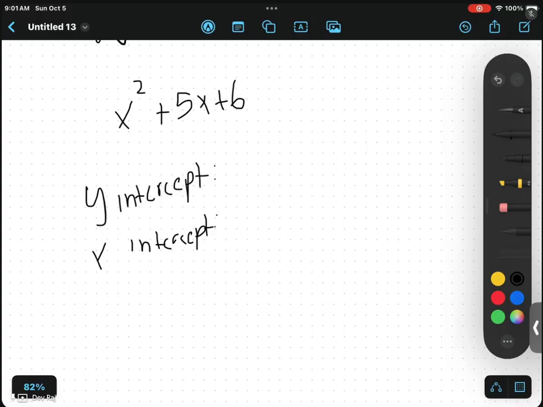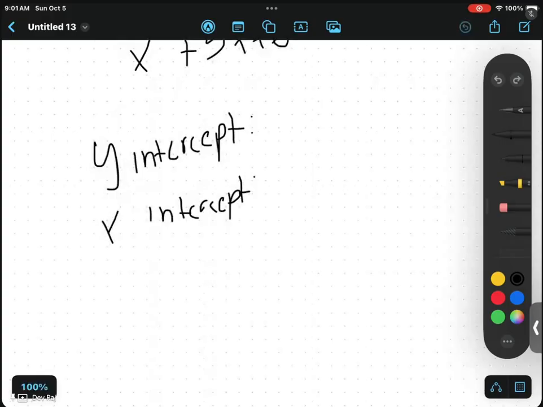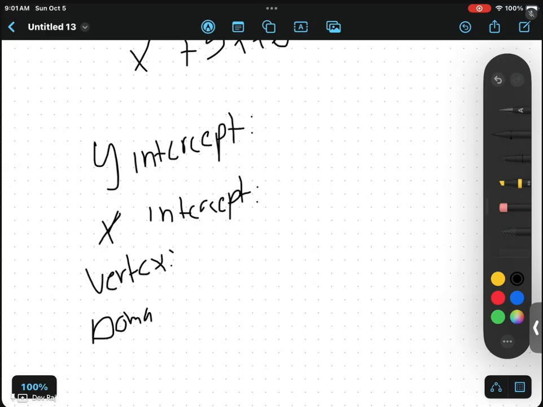Sorry, oh, that's x. Sorry. There. X-intercept. And then vertex. And we'll expand on domain and range a little more, but I want you guys to give it a shot.